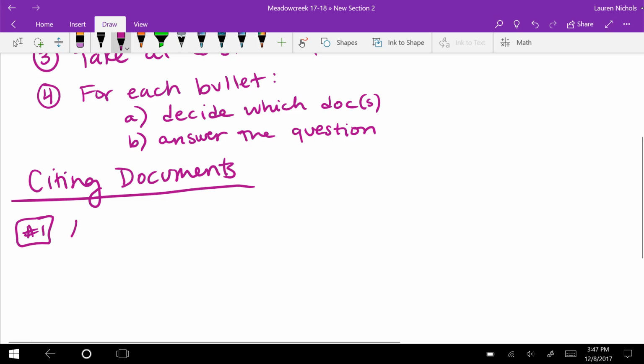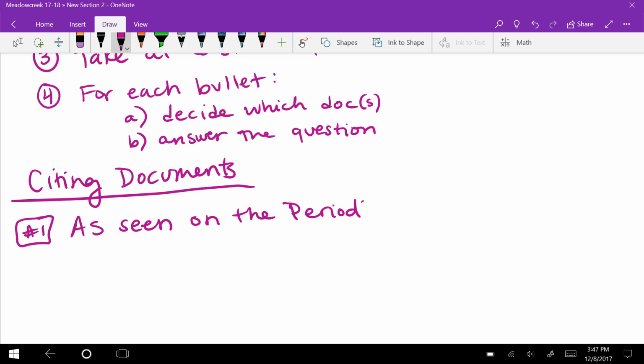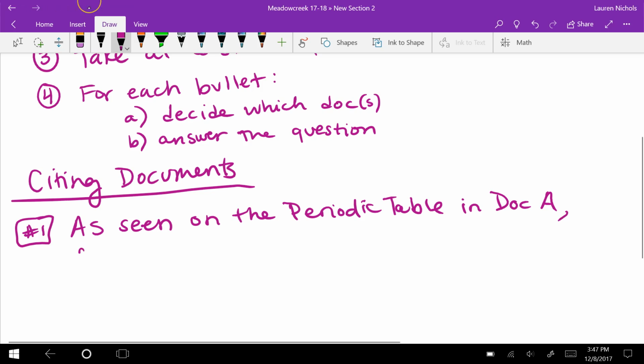For example, you might say, as seen on the periodic table in document A. All right, so this is where you're kind of referencing the document in your sentence.